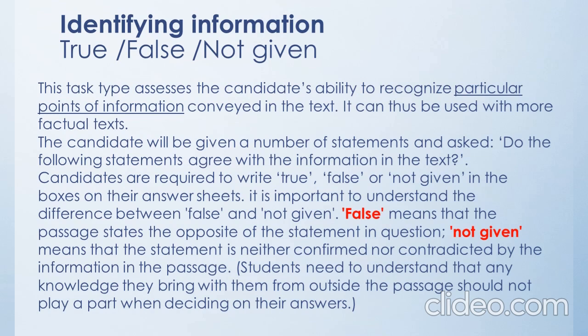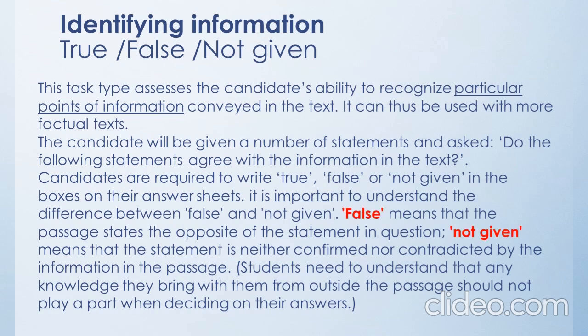And it's really important to understand the difference between false and not given, because most of the time, and I myself usually confuse, is it false or not given? But once you clearly understand the difference between false and not given, then it shouldn't be a problem. So false means that the passage states the opposite of the statement in question.